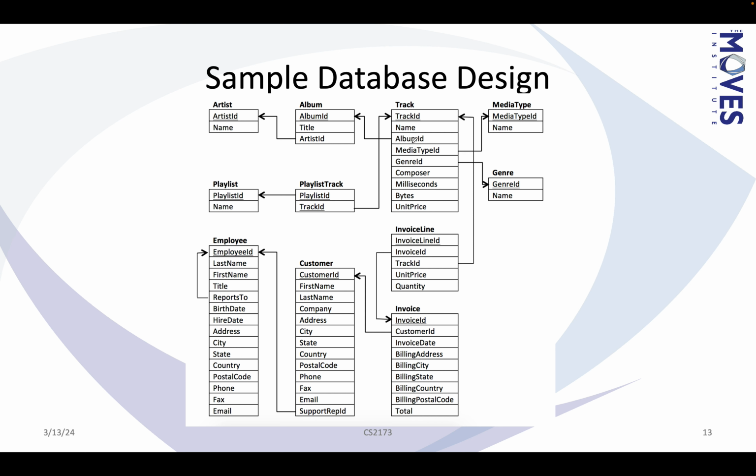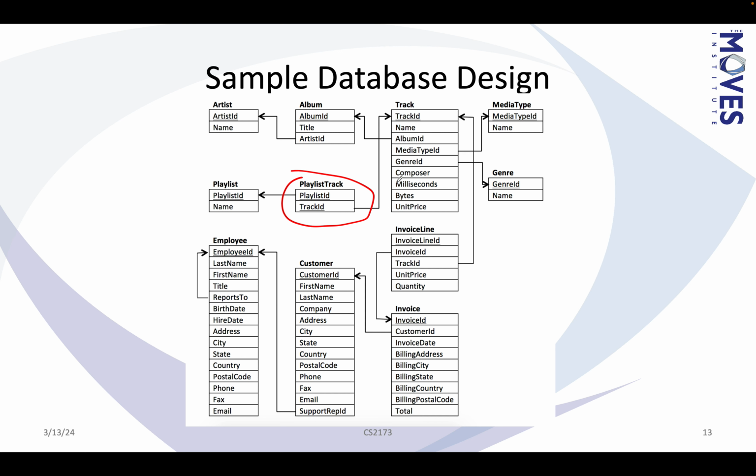Each track is associated with an album, and then we can create playlists from these tracks. So this is the many-to-many relationship: a playlist will have many tracks, and each track could be on many playlists. So this is that intermediate table.